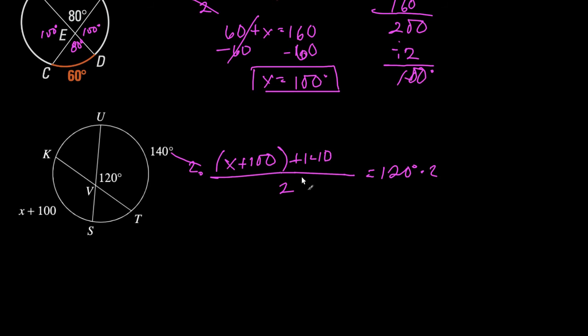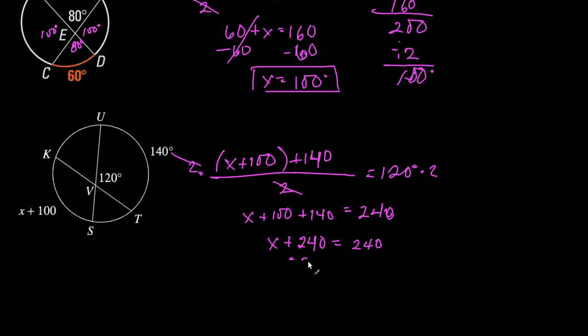You can simplify up here first, but I'm already doing this, so I'll do it in a second. You'll get 240 degrees. Let me go back and simplify this. X plus 240 equals 240 degrees.